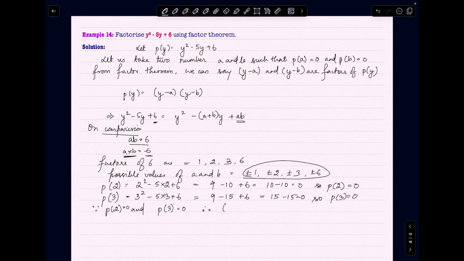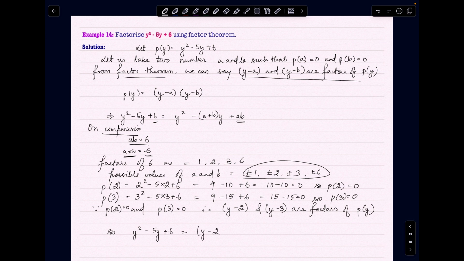Therefore, y minus 2 and y minus 3 are factors of P of y. This is from factor theorem. This is the thing I have written here from factor theorem. So, y square minus 5y plus 6 can be written as y minus 2 into y minus 3, because both of these are factors of P of y.